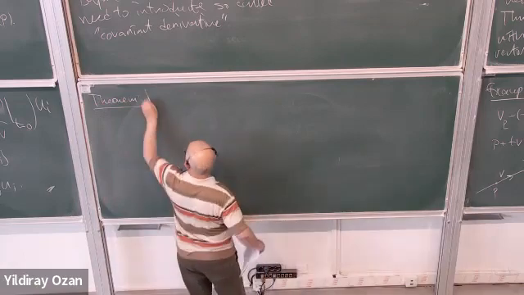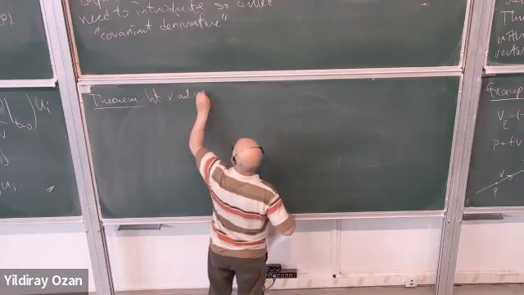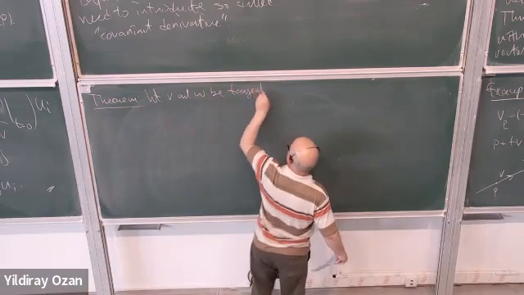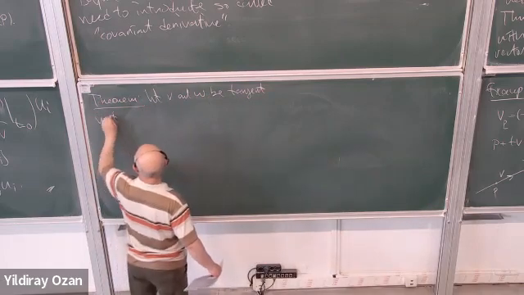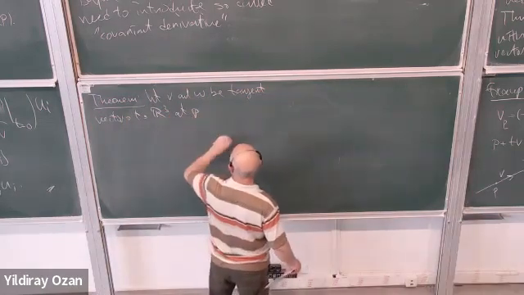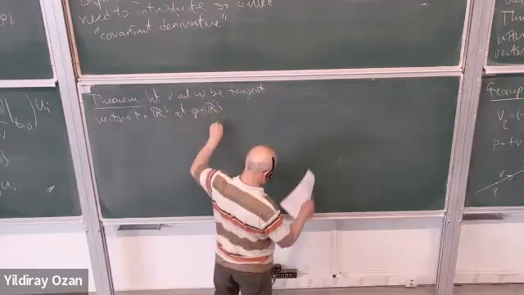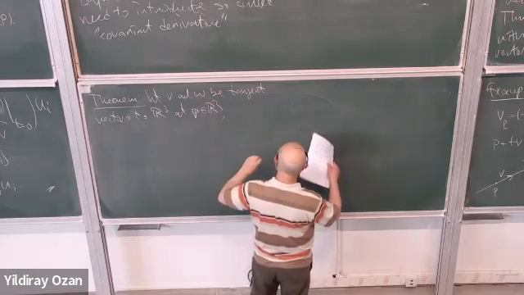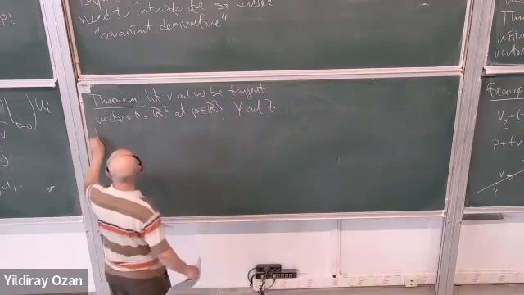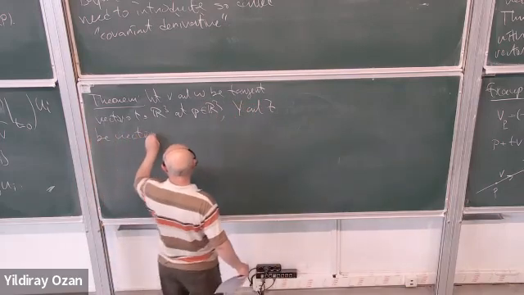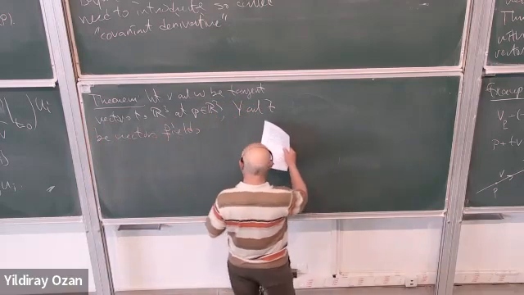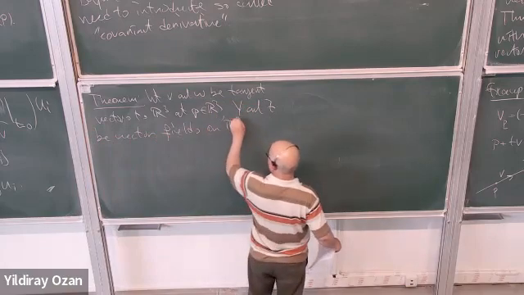So let V and W be tangent vectors to R3 at a point, and Y and Z be vector fields on R3.